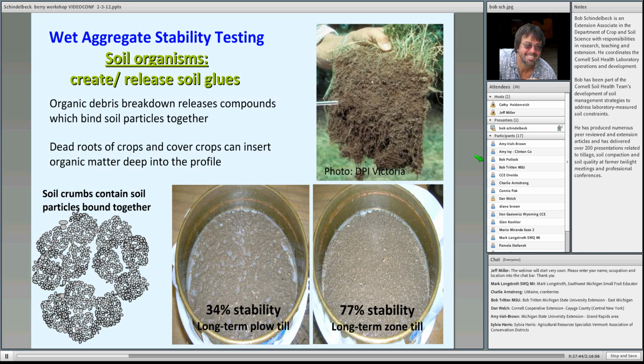On the right, I show a clump of sod dug up, and you can see the nice soil structure, the nice crumb structure. These soil particles are glued together not only by the roots of the plants and their exudates, but also by the rapid turnover of organisms in that zone, helping to glue these particles together.